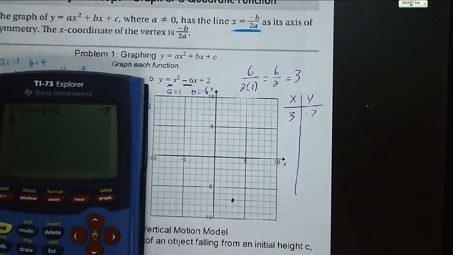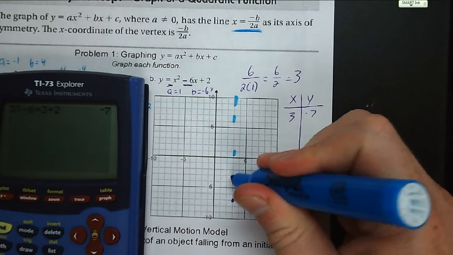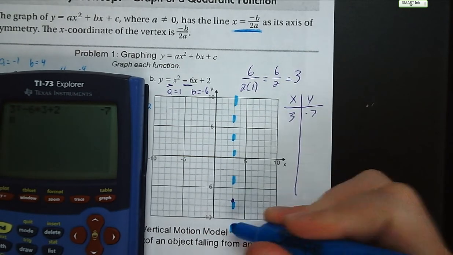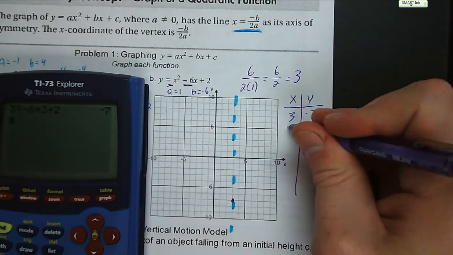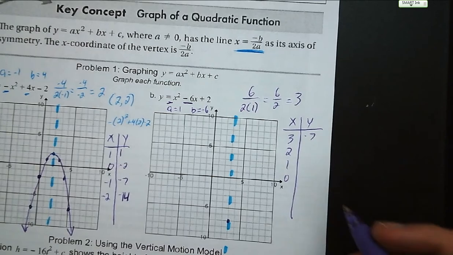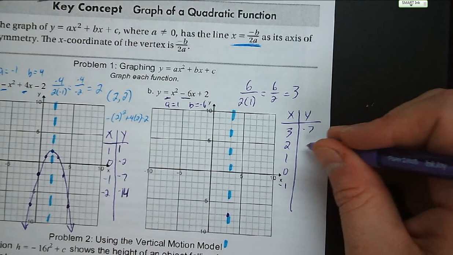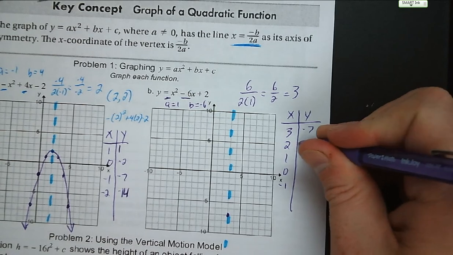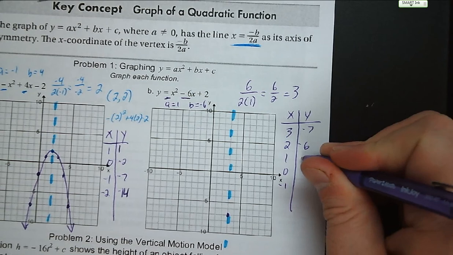I'm going to color in my axis of symmetry again. All right. So let's use 2, 1, 0, and for the fun of it, negative 1. So when I plug in 2, we've got negative 6. When you plug in 1, y is equal to negative 3.